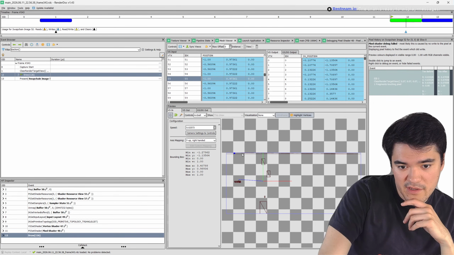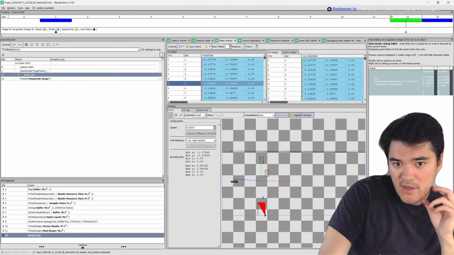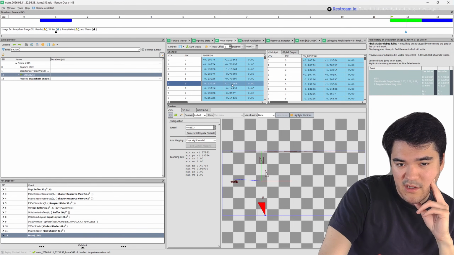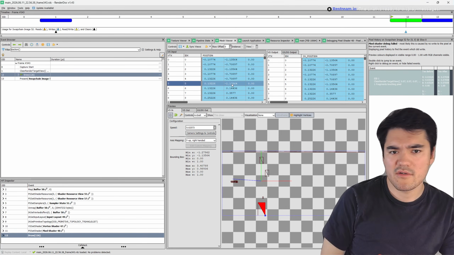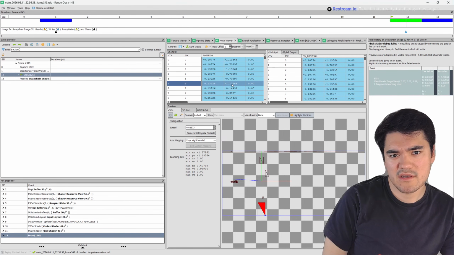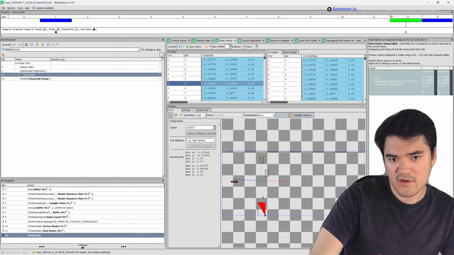Yeah, Y up right handed. This is what we're seeing. So yeah, it does look like the NDCs of it all are wrong.